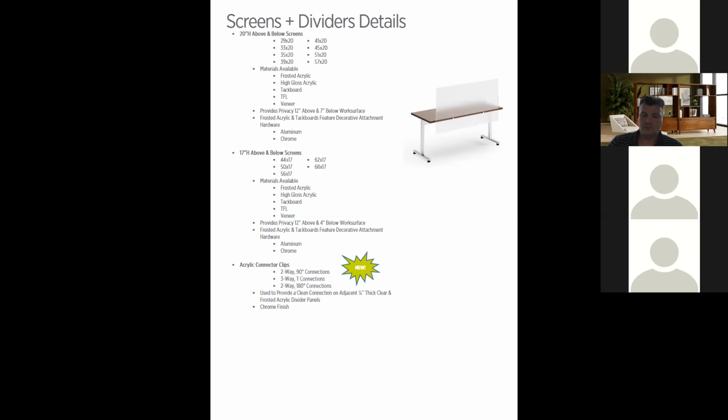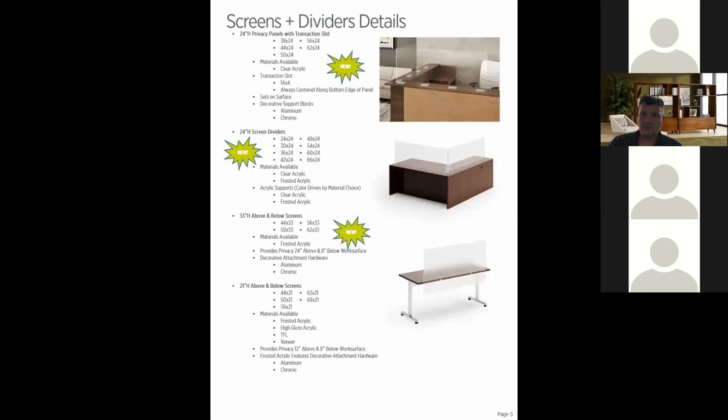I'm going to go back one page and show you, for instance, on this reception station, this would be a great place for those connector clips to come into play. They would allow that corner to stay nice and clean and lined up together.